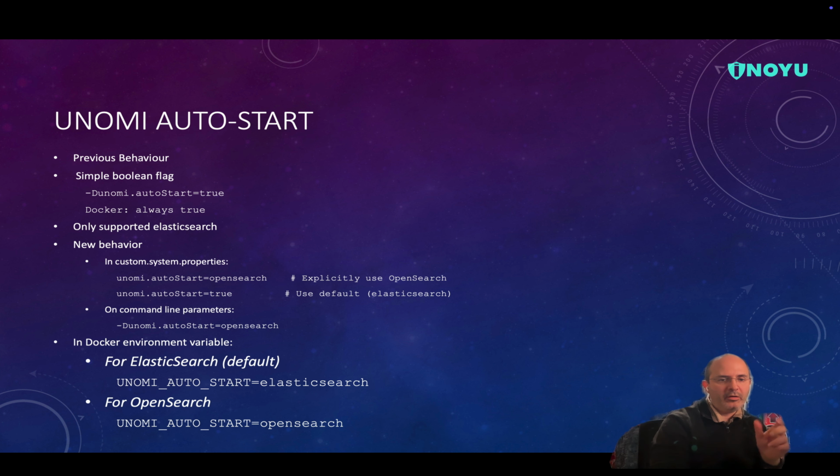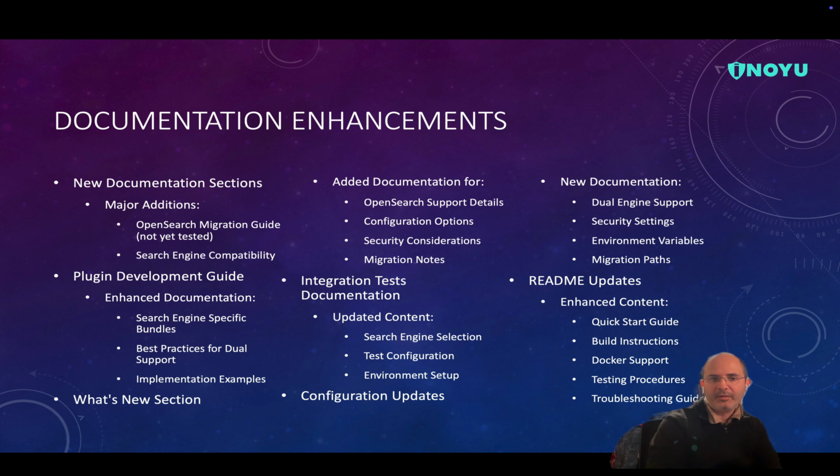It's still compatible with true, so you don't even have to change your Docker configurations. It will automatically start Elasticsearch if it's set to true. That's basically how the Docker images work now. You just say which auto start you want.